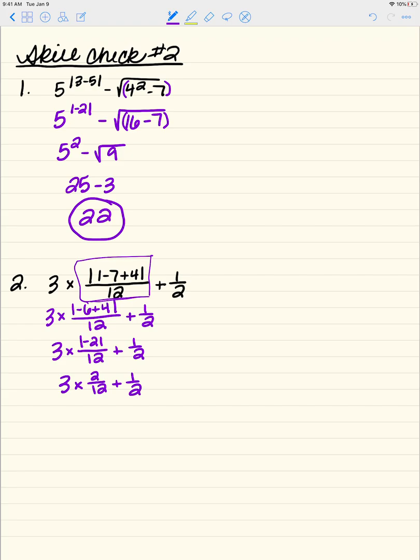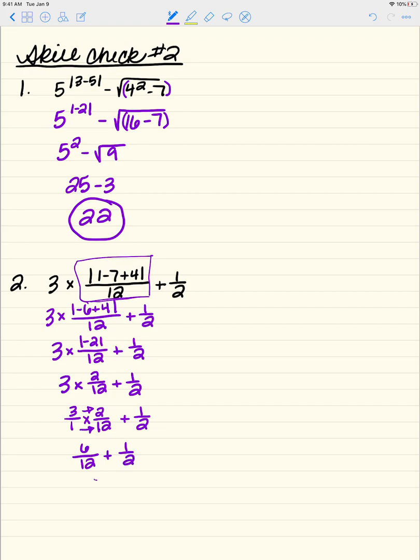Now I need to tackle this multiplication. Multiplying fractions. 3 over 1 times 2 over 12 plus 1/2. Okay? When we multiply fractions, we multiply straight across. That's 6 over 12 plus 1/2.